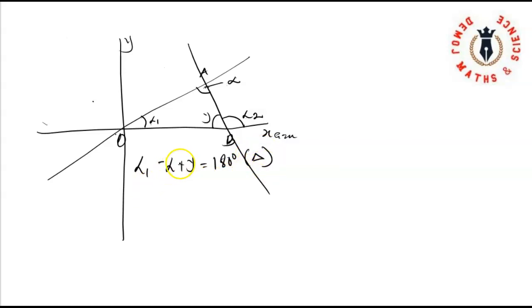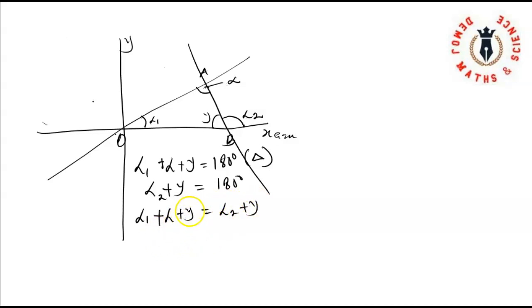Now, you notice that alpha 2 plus y is also equal to 180 degrees. So if alpha 1 plus alpha plus y is equal to 180, and alpha 2 plus y is equal to 180, then alpha 1 plus alpha plus y is equal to alpha 2 plus y.